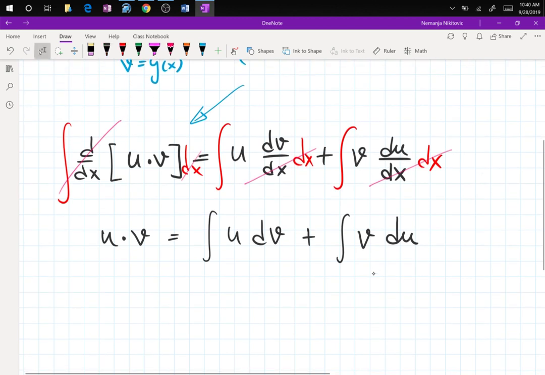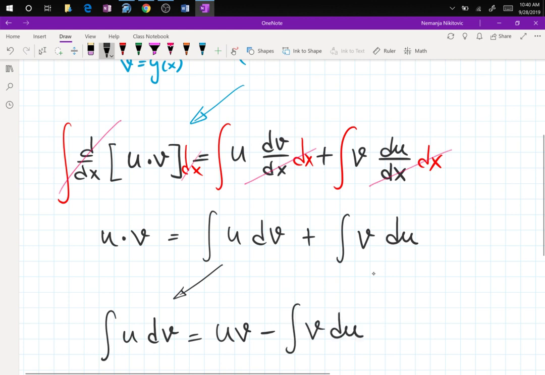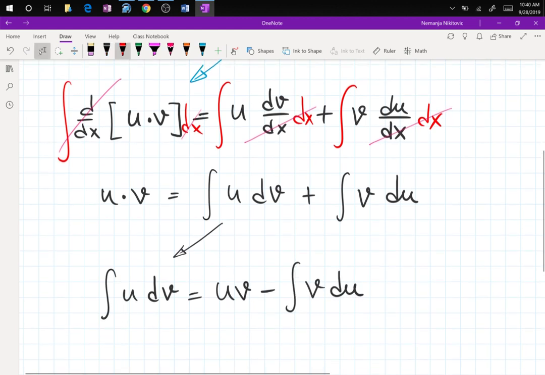And from here we are going to solve for the integral u dv. That will be uv minus the integral of v du. And that is the formula which is known as integration by parts.